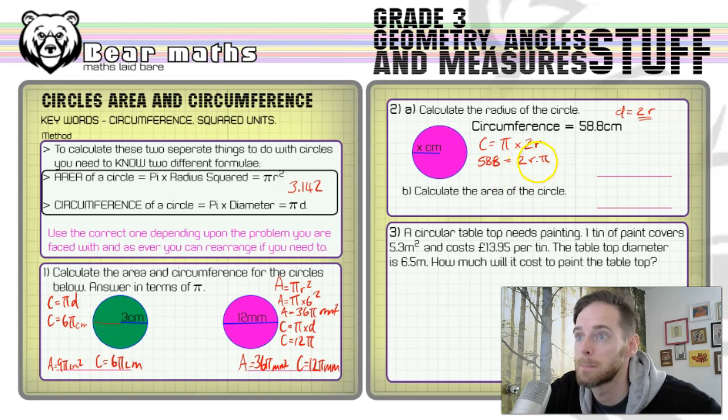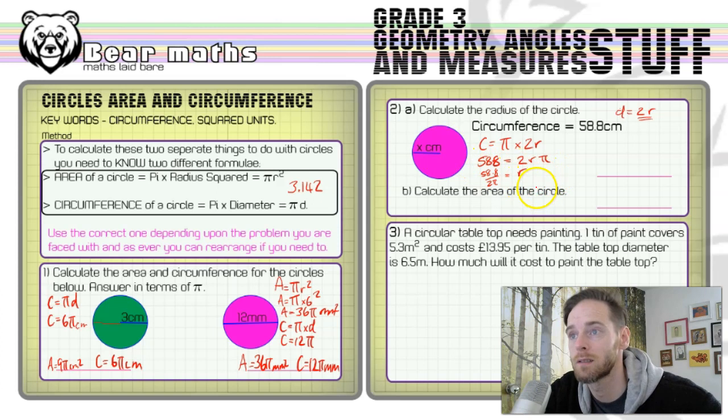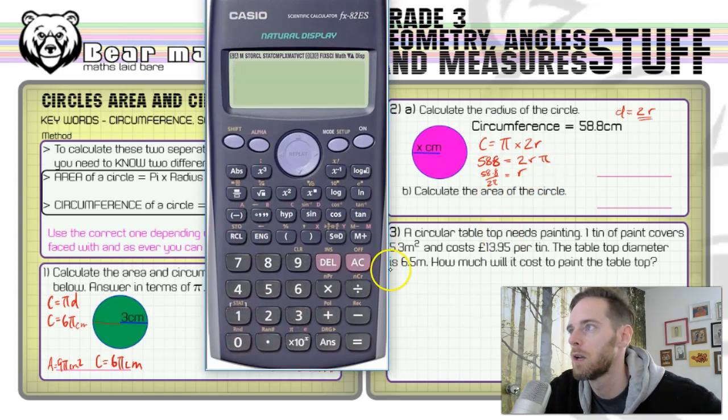Now, to get rid of the 2 and the pi, remember that's 2 multiplied by r multiplied by pi, we can divide both sides by 2 pi. So 58.8 divided by 2 pi gets us r on its own. That's going to work out our radius. We've just rearranged it to make r the subject, basically. So I'm going to type that into the calculator as a fraction.